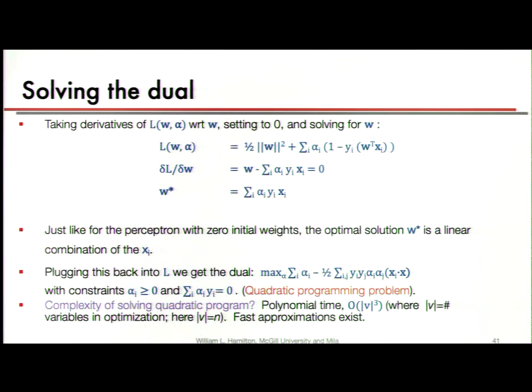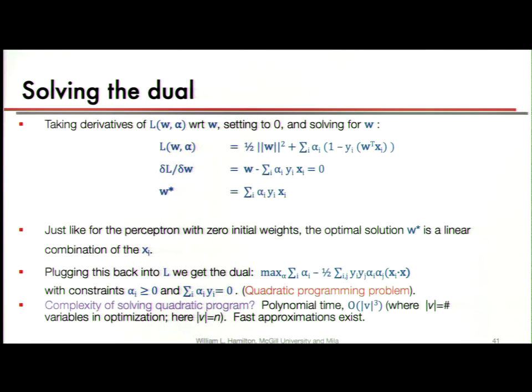And once we've moved to this dual version, this tells us that this weight vector that we've learned is actually just a linear combination of some small set of our input points, which are called the support vectors. So instead of having to memorize W, what we need to memorize are the small set of support vectors and their weights.